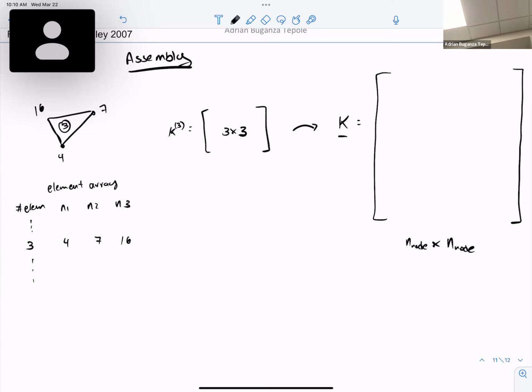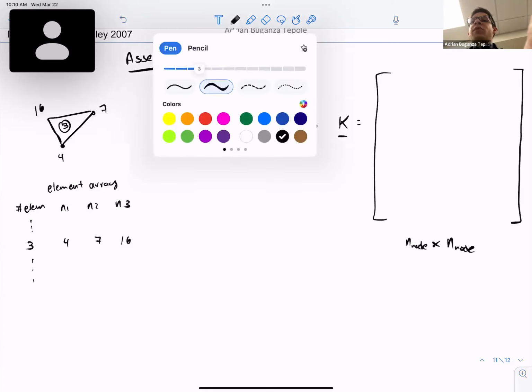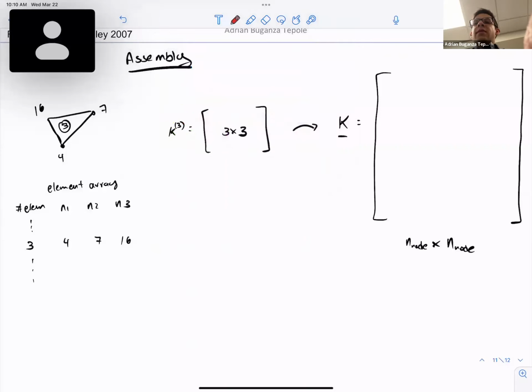So the big stiffness matrix is n node by n node. The small element stiffness matrix is 3 by 3. How do we decide where to put things? So as usual, we're just gonna write the node numbers corresponding to the element array. So 4, 7, 16, 4, 7, 16. This is very similar to what we do in 1D.